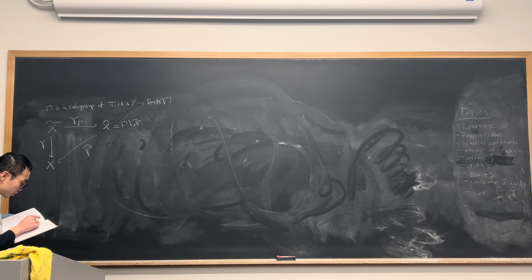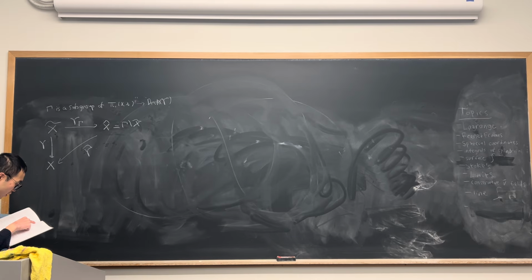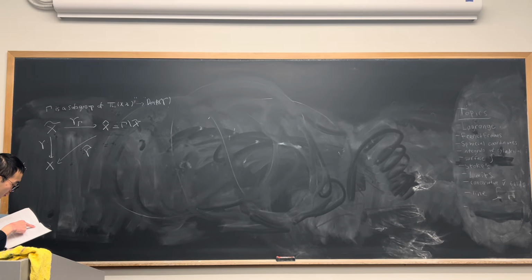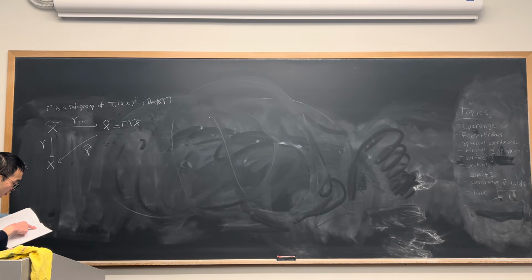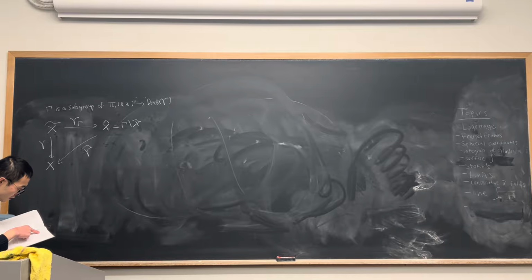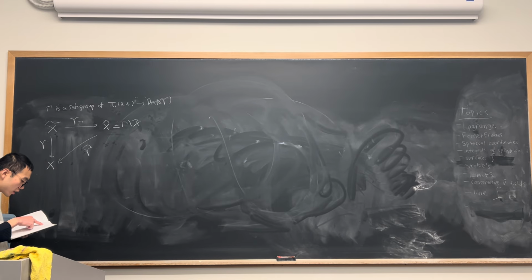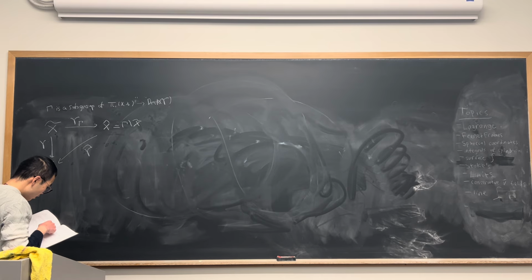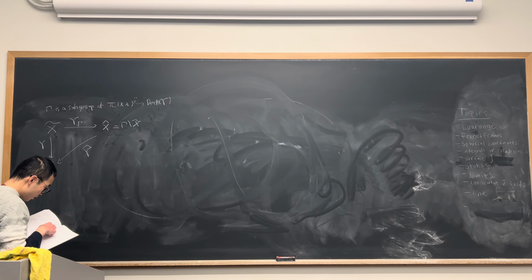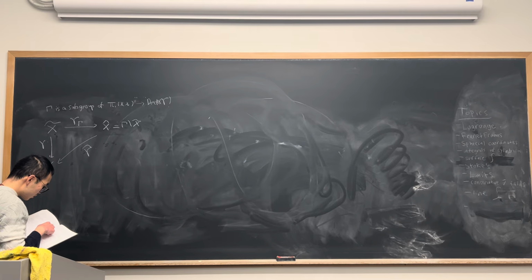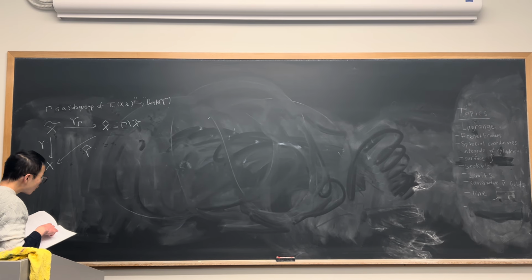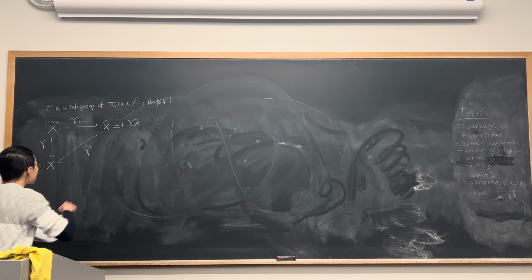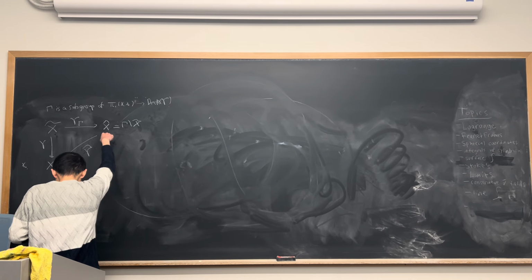So now what do we want to show? Up to equivalence of covering spaces, there is a unique connected covering space gamma hat from X hat to X such that for some point X naught.